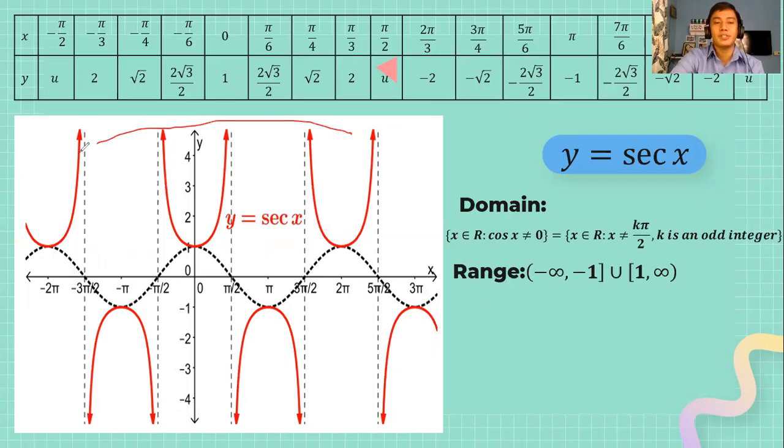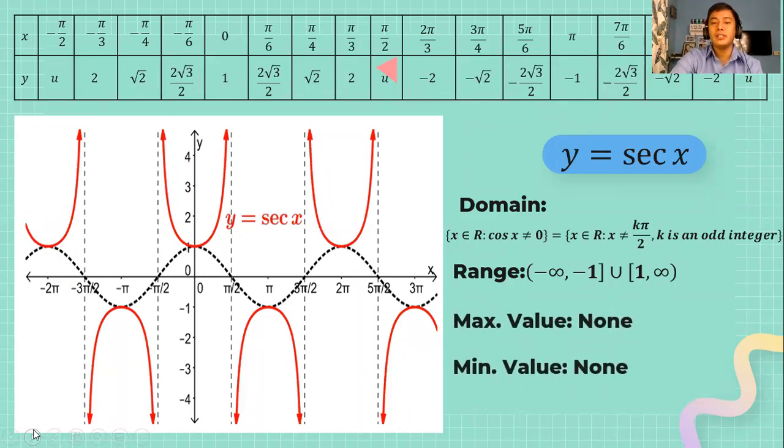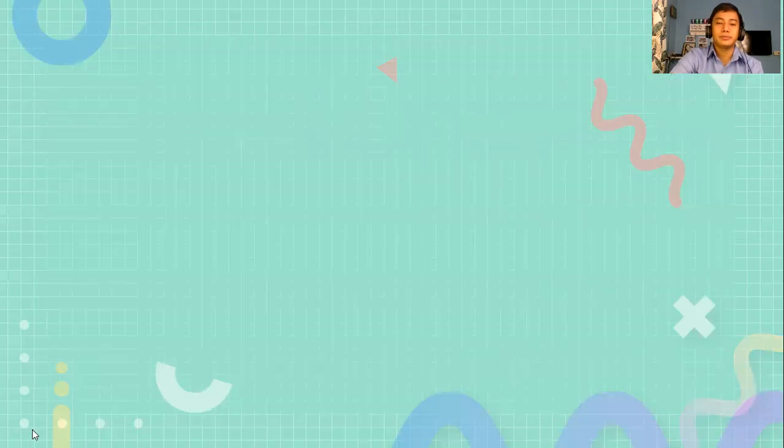The red graph represents the secant function, while the black one represents its reciprocal, the cosine function. The maximum value is none, and the minimum value is none because of the infinity sign. And again, the periods of an upward and a downward direction start every 2 pi.